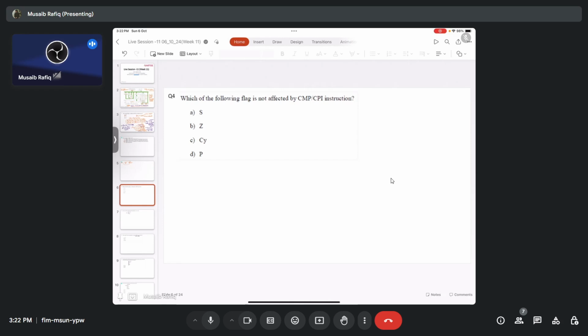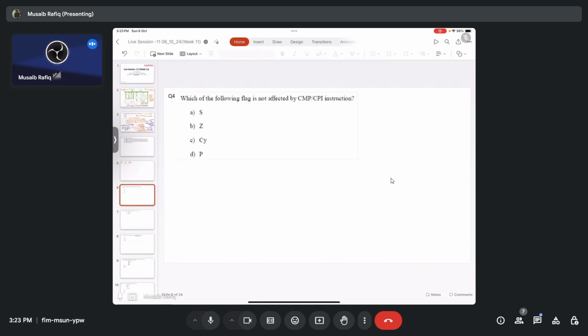Which of the following flags is not affected by the CMP, CPI instruction? So basically the CMP, CPI instructions are compare instructions.